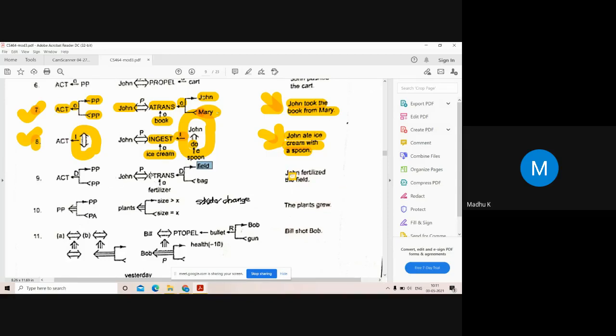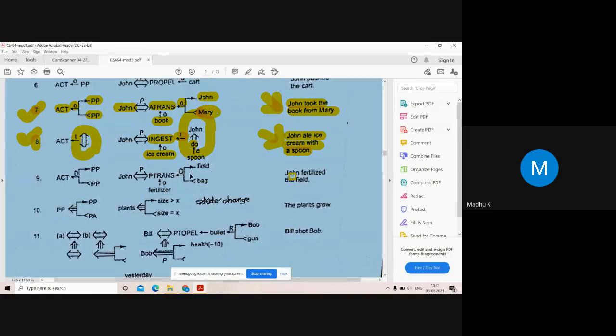In this case, P trans is the action, fertilized. Instead of fertilized, I will use P trans. Then fertilizer is the object used for fertilizing.